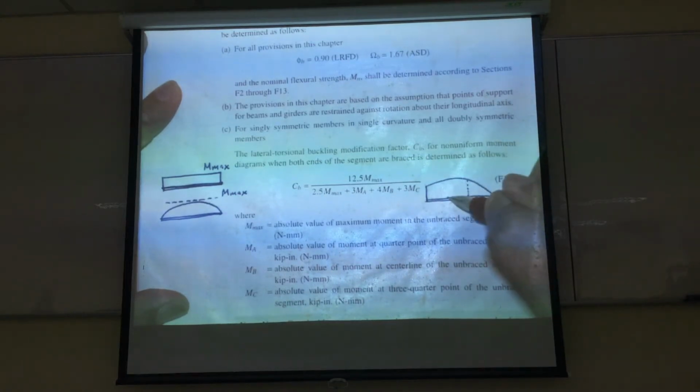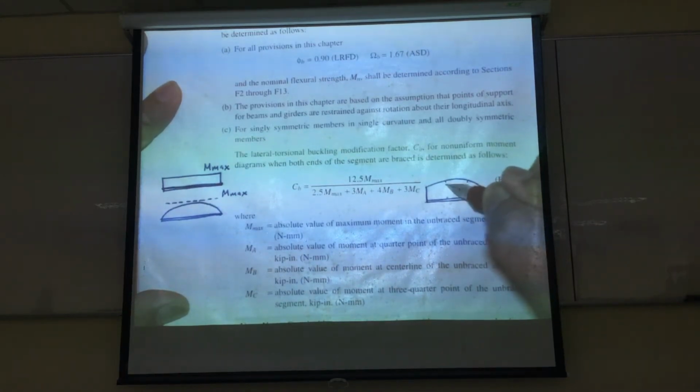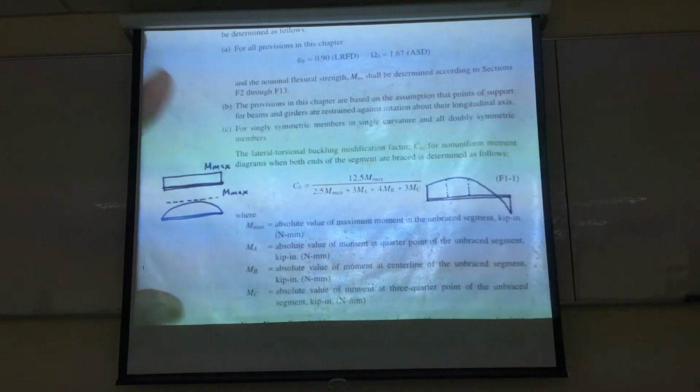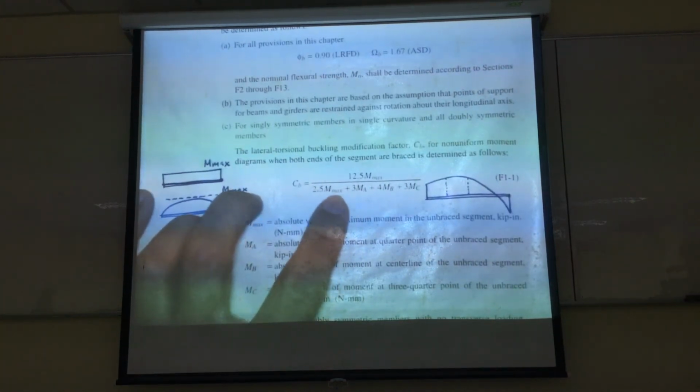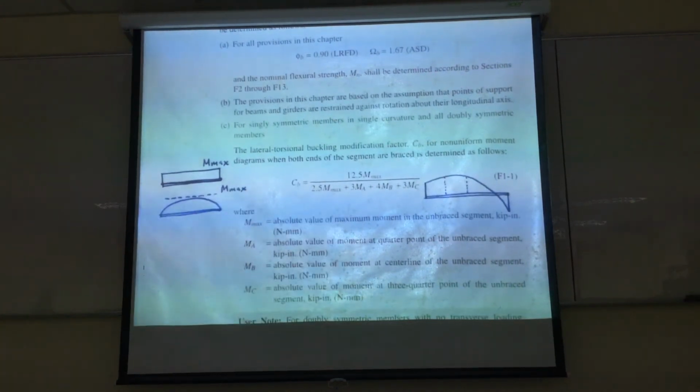This is from a numerical study, so this is nothing more than curve fitting. It's a curve fitting that tries to come up with the best set of parameters, not too many, not too few, that can capture the shape of the bending moment.